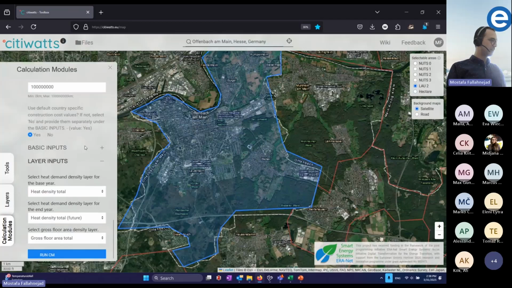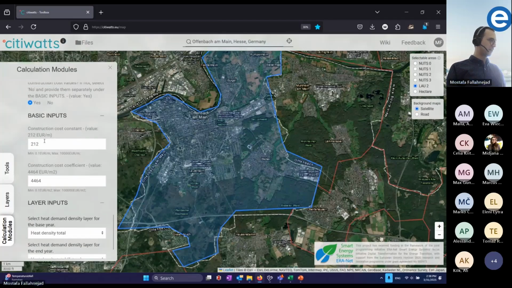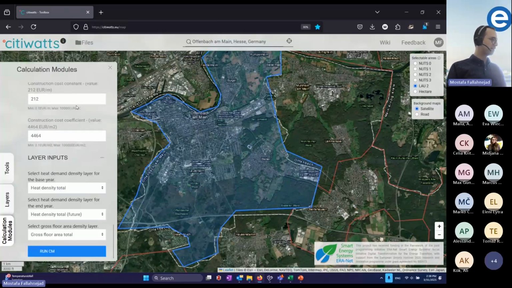In the basic inputs, you can provide your own values. If you want to provide your own values for construction cost constant and coefficient, you should select no here, otherwise stick to yes. And finally, we come up with layers that should be used, current heat density and future heat density.